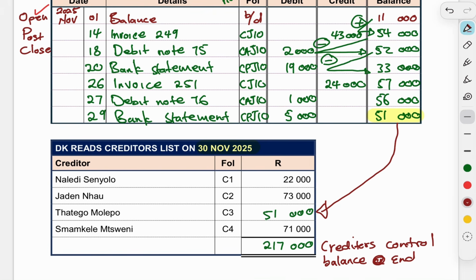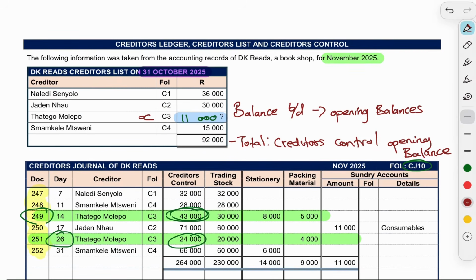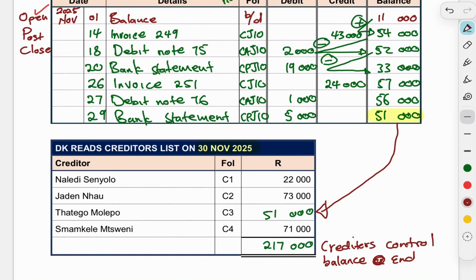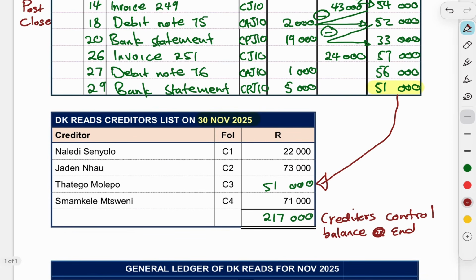Remember, we said the creditors list at the beginning of the month is the opening balance of your creditors control account, and the creditors list at the end of the month of November is the closing balance of your creditors control account.